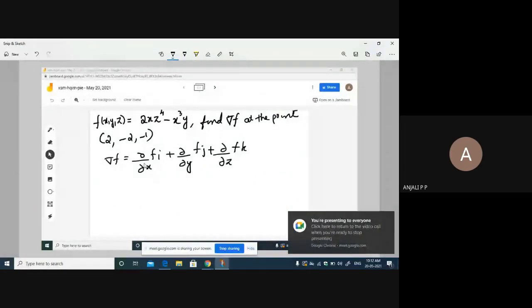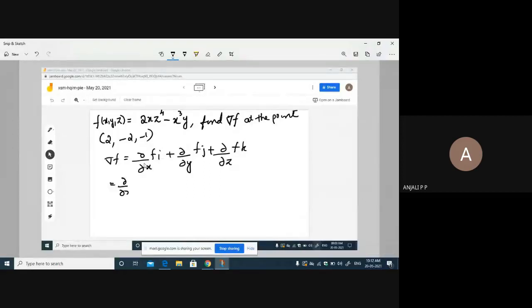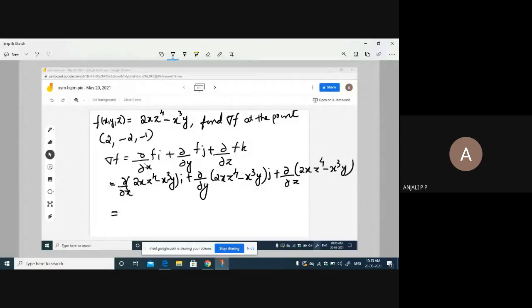So here, this is equal to dou by dou x of 2x z raised to 4 minus x cube y i, plus dou by dou y of 2x z raised to 4 minus x cube y j, plus dou by dou z of 2x z raised to 4 minus x cube y k. Dou by dou x of 2x z raised to 4 minus x cube y is what?